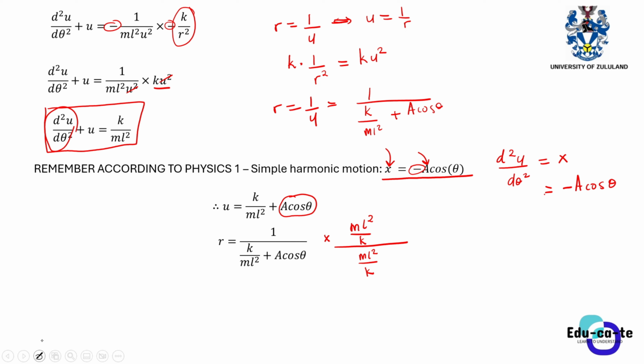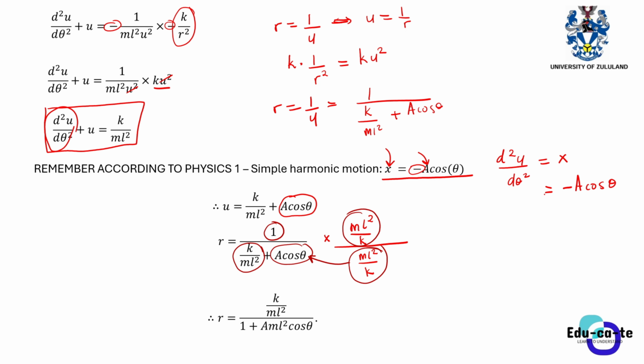When you multiply with ml squared over k, the numerator will be ml squared over k multiplied by 1, because we're multiplying fractions, numerator by numerator. And when you multiply this with the denominator, ml squared times this term gives you 1, because the k and k cancel and the ml squared and ml squared cancel. And multiplying it with this term, you get a ml squared over k cos theta.